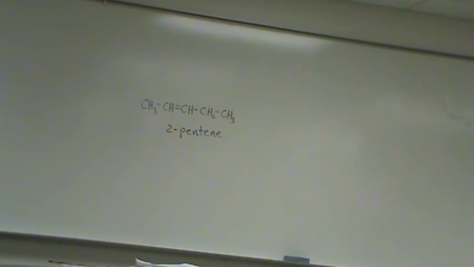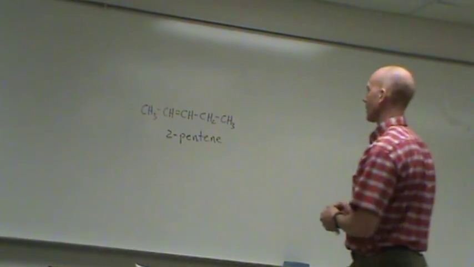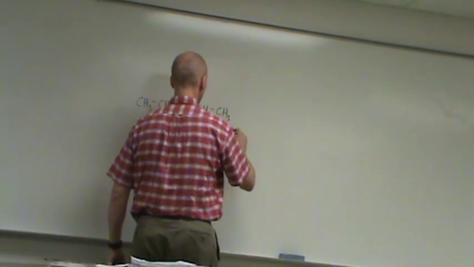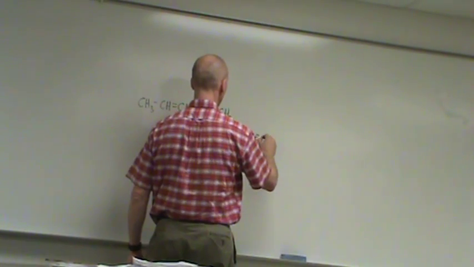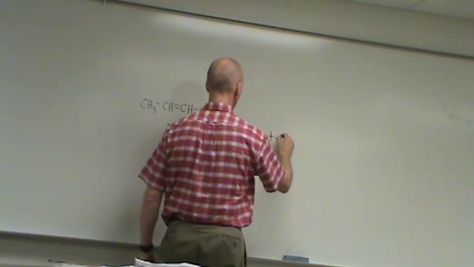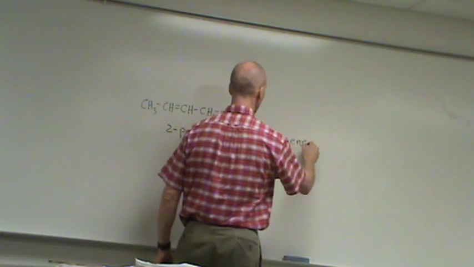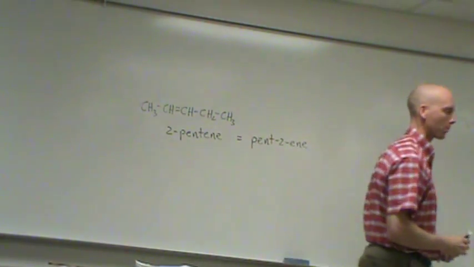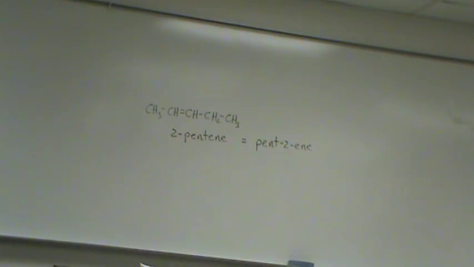Okay. In your book, they also have another naming system that I don't want you to gravitate toward, but I'm just going to show it so when you see it, you don't say, what is this? Another way to name this is to put the number before the suffix.